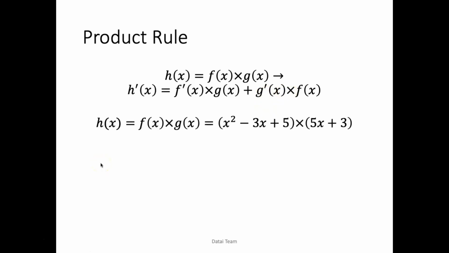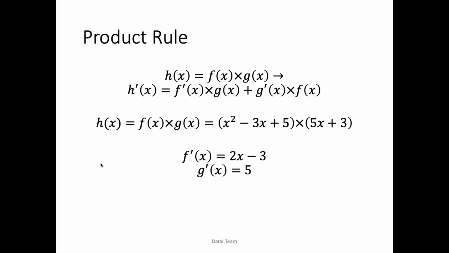Let's say that h of x is equal to x squared minus 3x plus 5, our first function, times 5x plus 3, our second function. And instead of multiplying those two functions, let's use the formula above. We have 2x minus 3 as the first derivative of f, and 5 is the derivative of g.